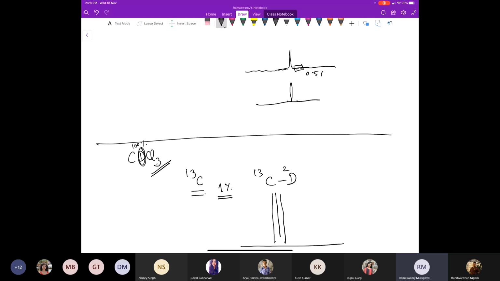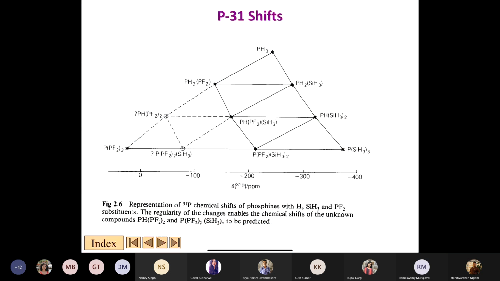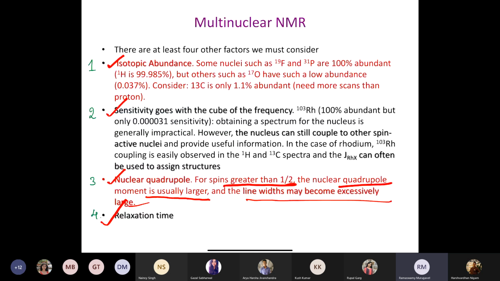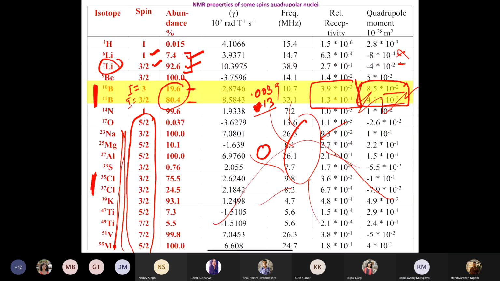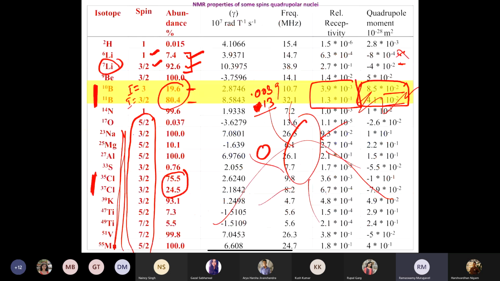If you go back to the table I showed you before, chlorine isotopes, 35 and 37, these are the abundances. 35 and 37 chlorine can, in principle, also couple with this. But what you do is irradiate, I mean, you ignore.